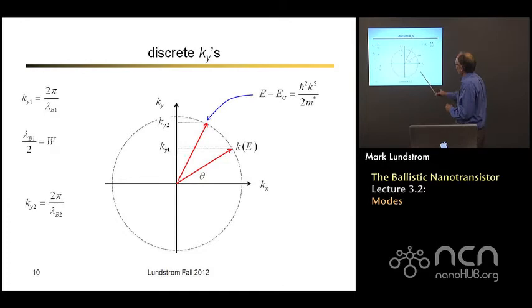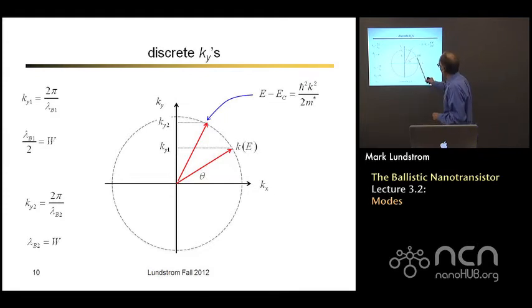But staying on this constant energy surface, an electron with the same energy but with a higher ky implies a smaller wavelength. It has the same energy, but a smaller wavelength. In fact, if it has a wavelength of W, then the entire wavelength will fit into the width. I still satisfy the boundary condition.